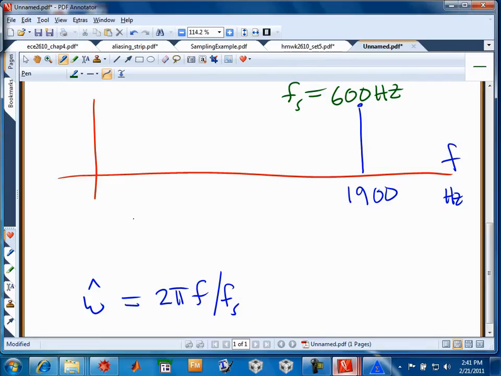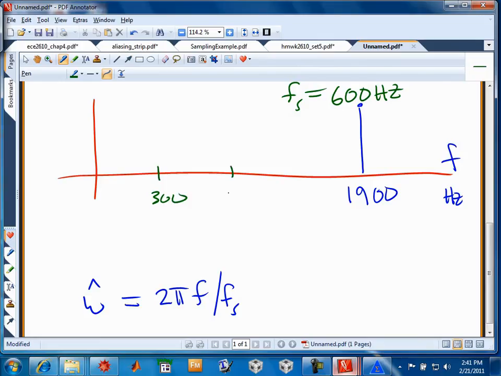I want to find some f naught that lies between 0 and what? I'm working in hertz now, so I'm going to draw the pi axis below it. But if fs is 600 hertz, what's the principal alias band that I have to have the signal lie in? 0 to 300, right? So I'd have to put a 300 over here.